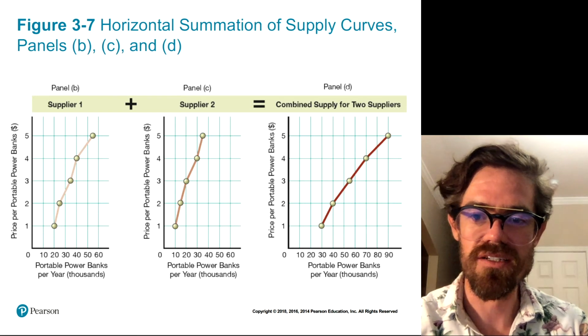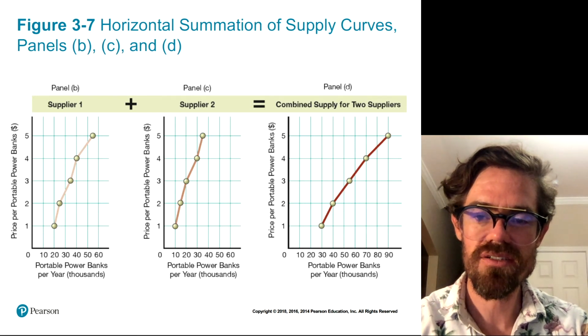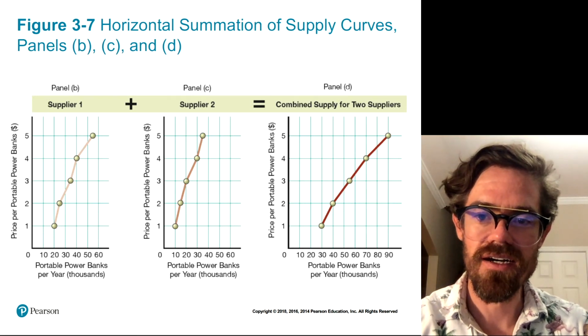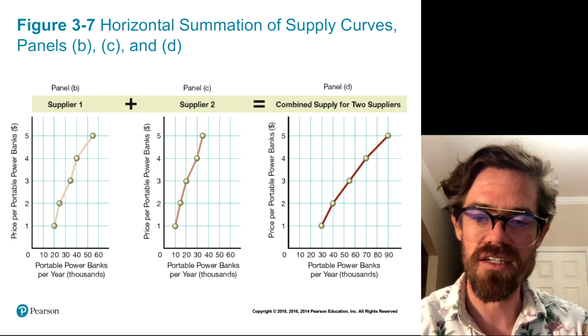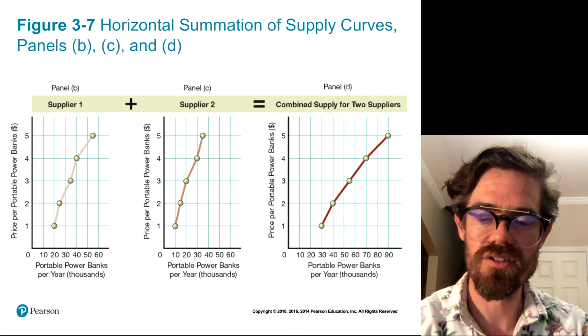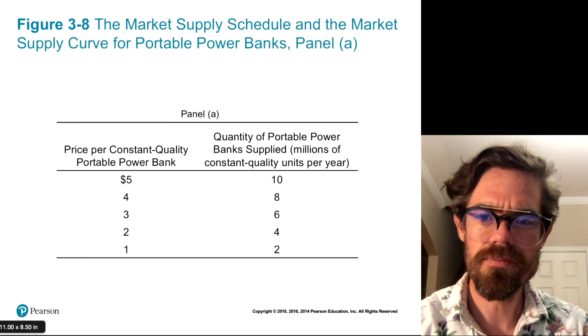That's because when supply increases or is higher, it moves to the right. So it's further to the right than either of the individual ones, because market supply is higher than either individual supply curve. So there you go.